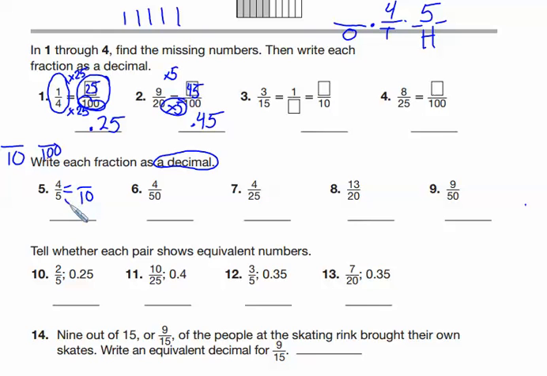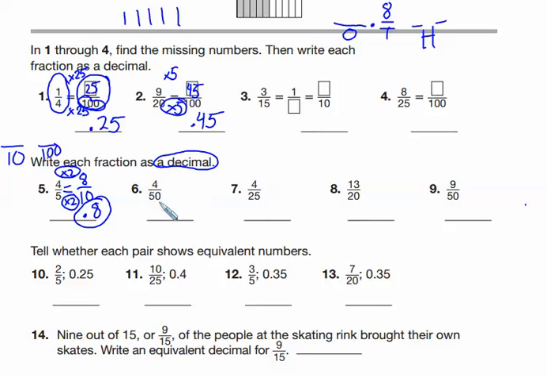All I have to do is multiply it by 2. 5 times 2 is 10. So what I do to the bottom, I have to do to the top, and 4 times 2 equals 8. 8 tenths. All right, now that's easy. I can easily turn that into a decimal now because 8 tenths, I just pop that 8 into the tenths place, and boom, I'm done. This is 0.8. Circle your answer so that we can pick it out of a jumbled mess of work.